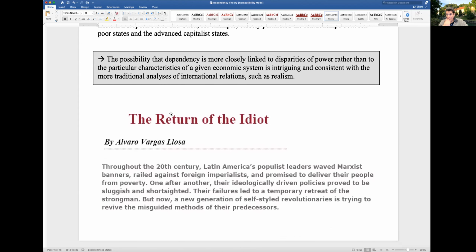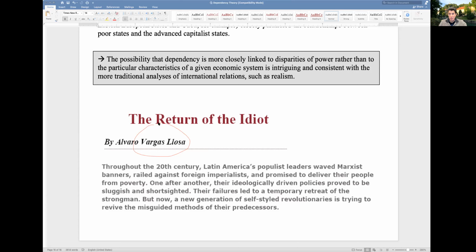Anyway, finally, let me finish with this. And again, this is an interesting introduction for next week. Vargas Llosa, let me make sure you bring your attention to this. Álvaro Vargas Llosa is the son of the Nobel Prize winner in literature, Vargas Llosa, this guy from Peru. He wrote a very famous book called The Return of the Idiot.